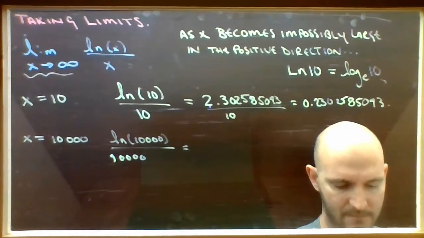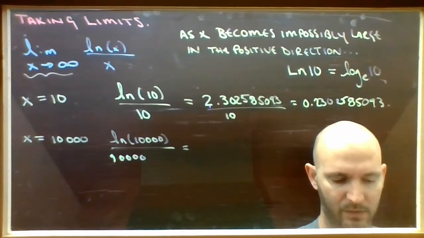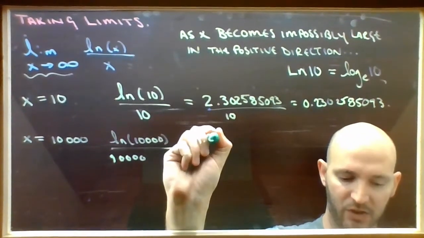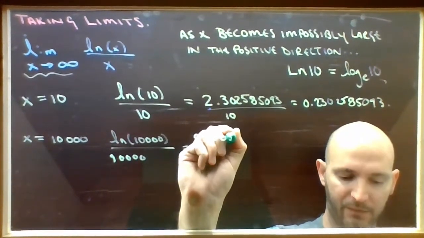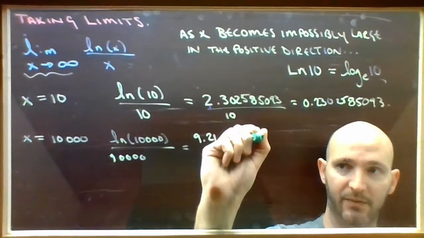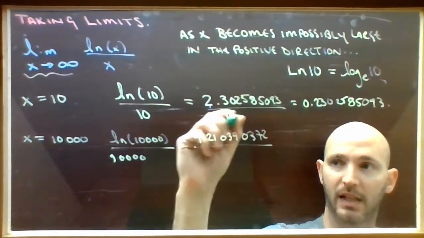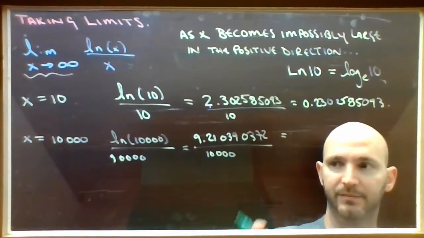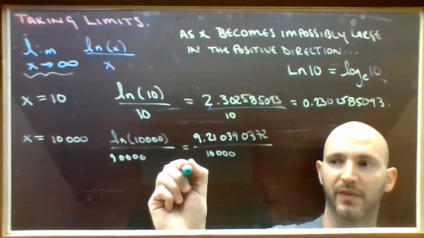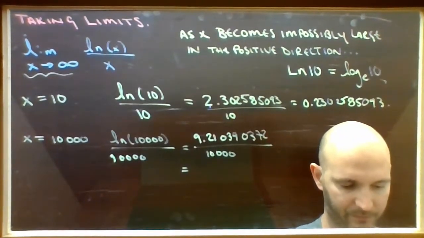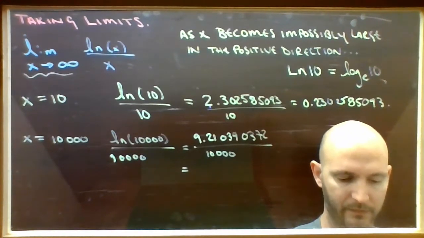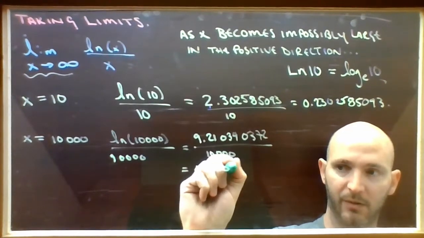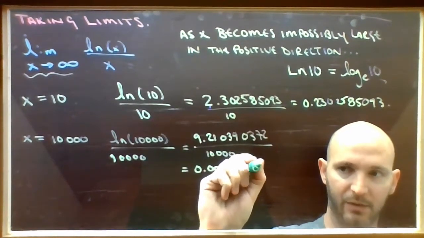Ln of 10,000 is 9.210340372. And I'm dividing by 10,000, which gives me 0.000921034.